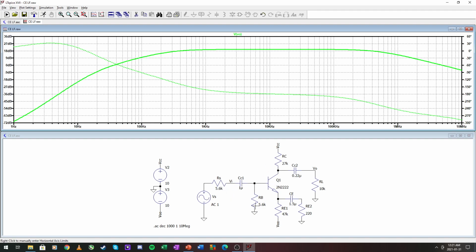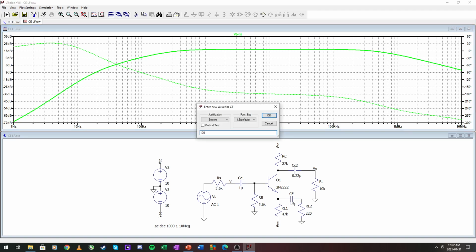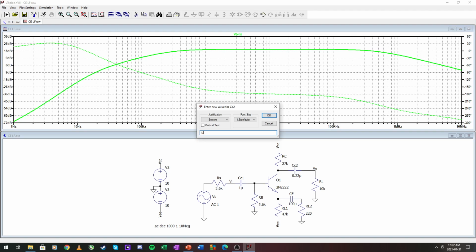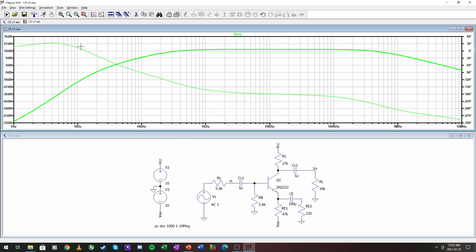Designing these capacitors is actually quite easy. If you want this bandwidth to increase, you just make these capacitors as large as you want. You would have seen in the previous simulations that this would have been something like 100 microfarads, this 1 micro, and that is already 1 micro.